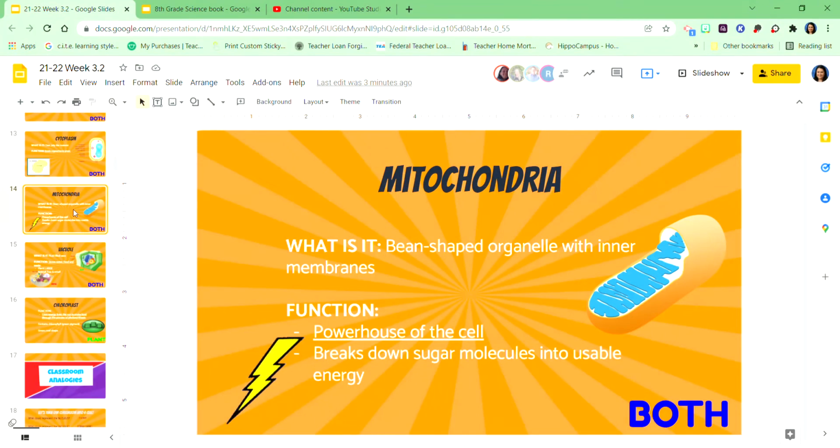It's the mighty mitochondria. One thing to also know is that there are more mitochondria in animal cells than in plant cells, because animals hunt their food and need energy from the outside, so they need to break down more of the sugars.